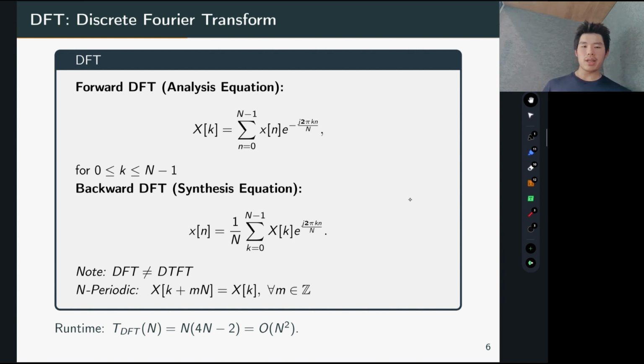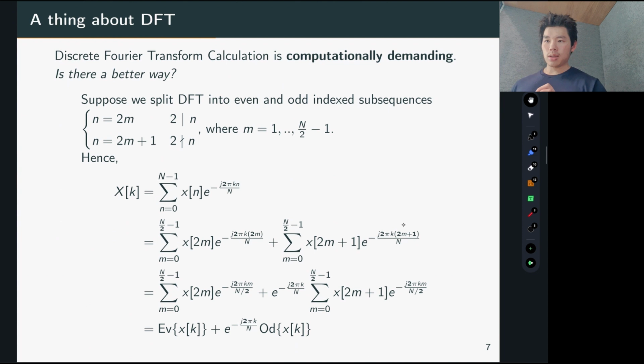And the runtime of this is O(N²), if we're speaking in computer science lingo. And so the thing about the discrete Fourier transform is that it's computationally demanding, because O(N²) is a pretty big runtime.